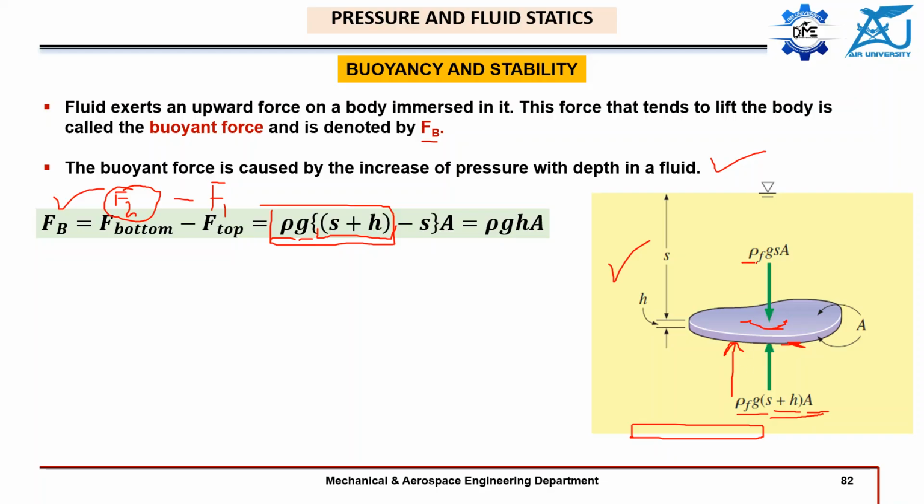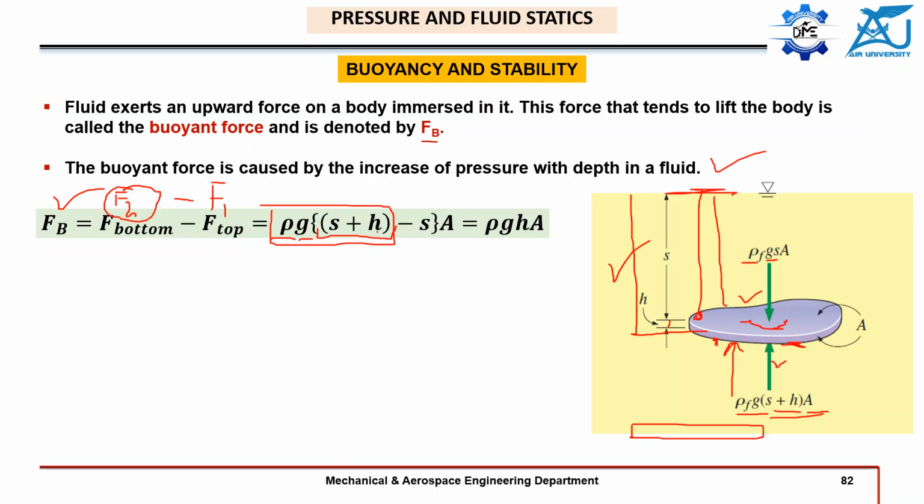Then we have rho g. I hope this is clear, why it is rho g s A and why it is rho g (s plus h) A. Because this depth is added, till this point, while here it is only s. This is the depth for this force, while this is the depth for this force.